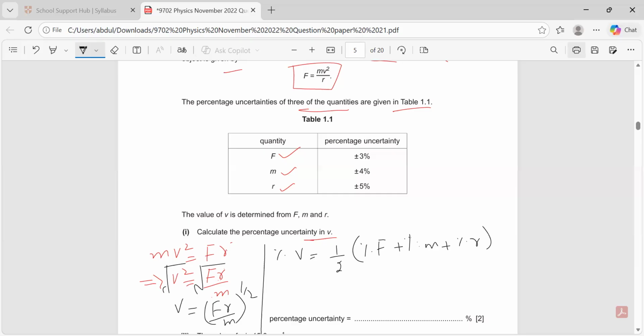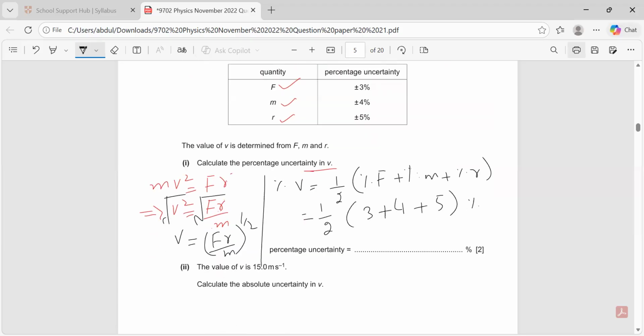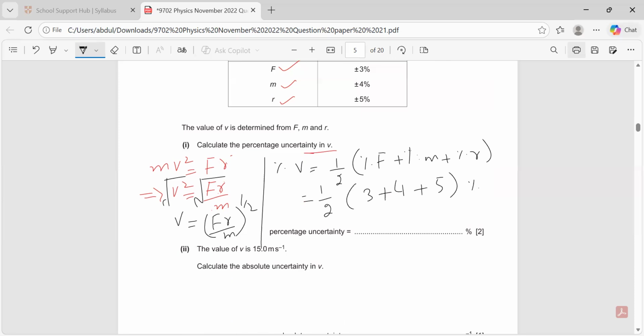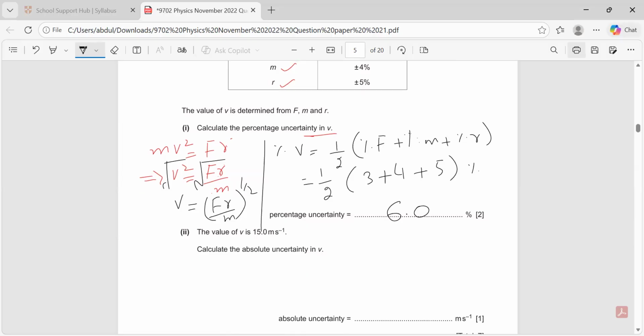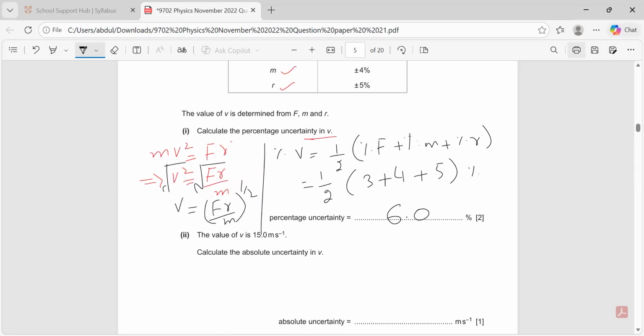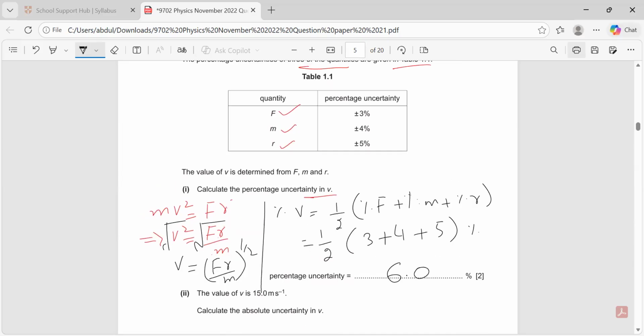So 1 over 2 times 3 plus 4 plus 5. As we simplify, 5 plus 4 is 9, plus 3 is 12. Then 12 divided by 2 is 6%. Simply add them up together, but as the power is 1 over 2, the power will be multiplied with all of them.